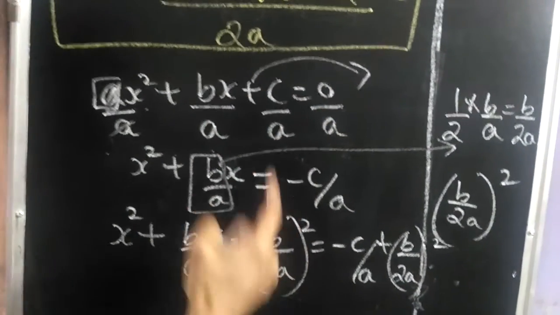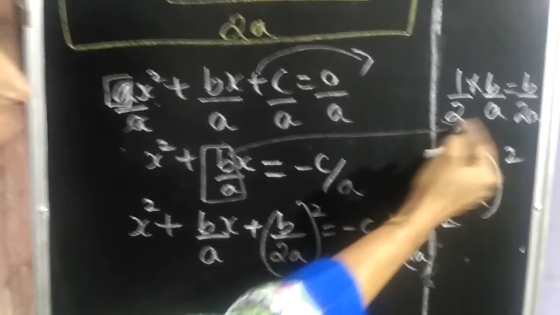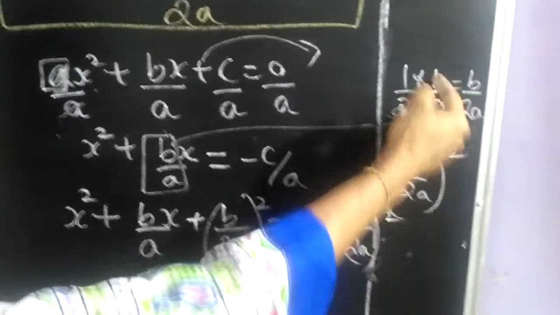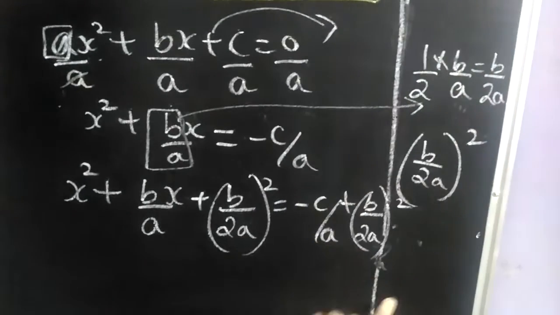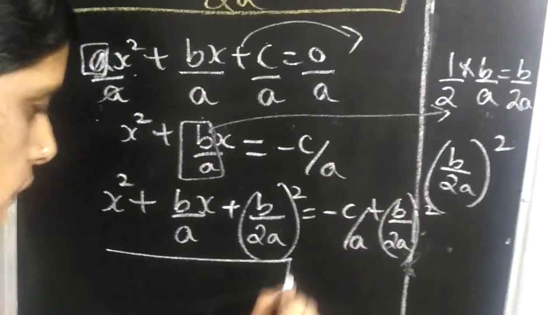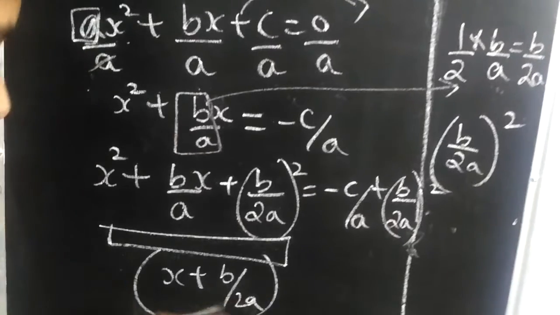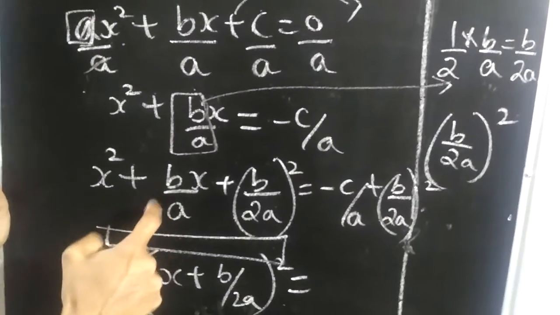What is the next step in your completing square method? We are deriving this formula. So half of b by a is b by 2a. Adding the square of that to both sides. Why? You are completing the square. So this is of the form x plus b by 2a whole square, like a plus b whole square, which has the middle term 2ab.